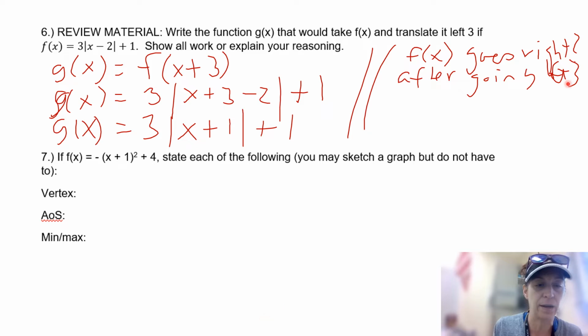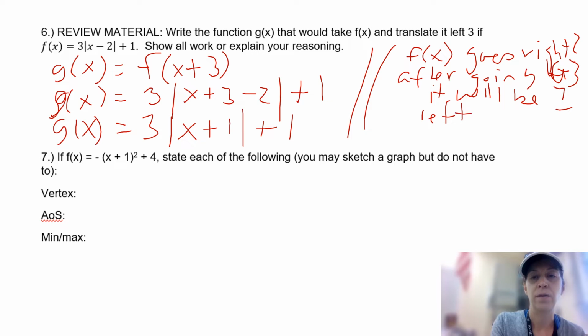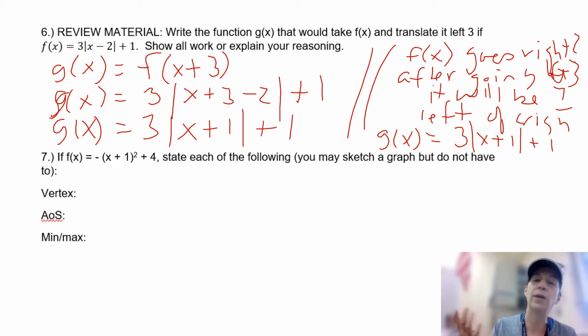Hopefully you're listening to the video and not just watching it. That says left 3, okay? After going left 3, it will be 1 left of the origin. So what would it take to make it go left 1 from the origin? Well, that would be adding a 1.